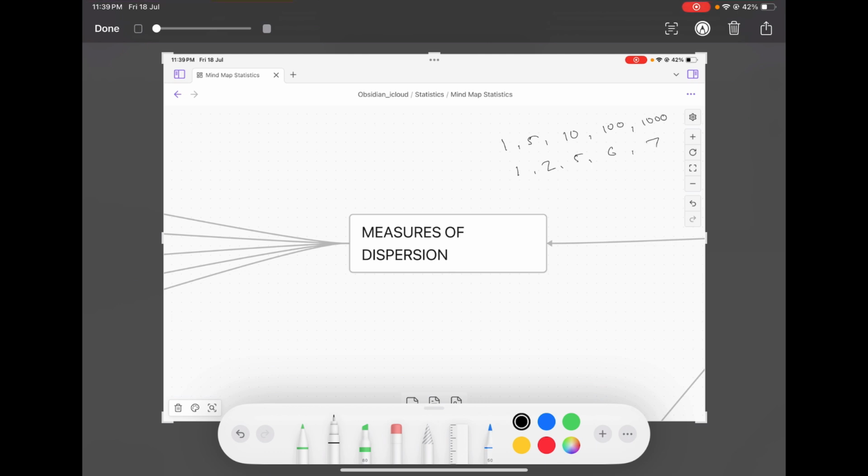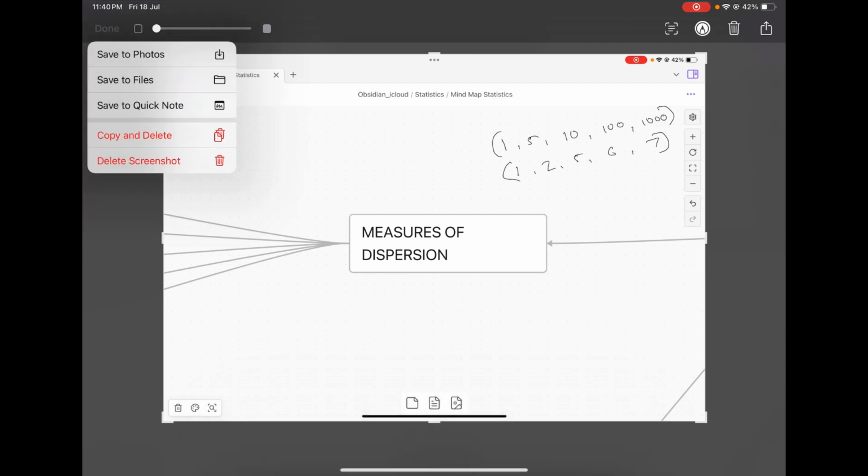You can see that the dispersion for the first data set is significantly high, the variation between these values compared to the second data set. Here the variation between the values is comparatively negligible. So how can you quantitatively measure this variation? That is what we are going to study now in measures of dispersion.